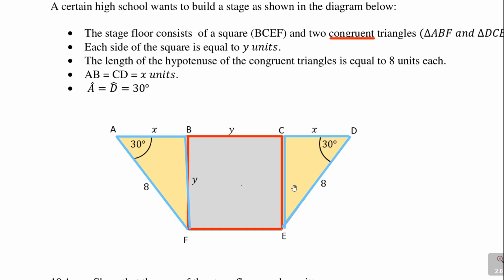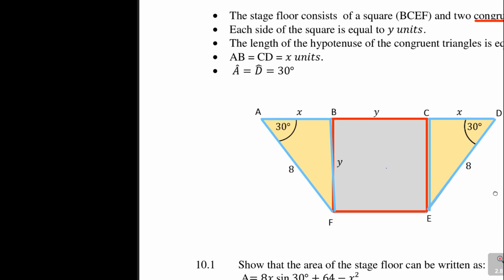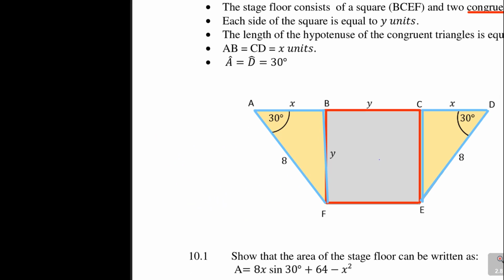So now if you have to look at this picture here, to find the total area here, the simple part first of all is to look at the square. Remember, what is the area of the square here? I will say, if I'm to write here, area of square.